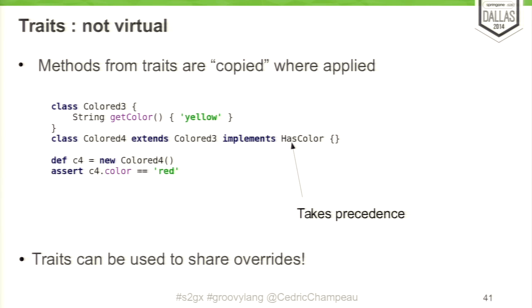In Groovy traits, it's not the case. It will return red. Why? Because the trait takes precedence. Just because you implement the trait, at the moment you implement the trait, you carry the version from the trait.